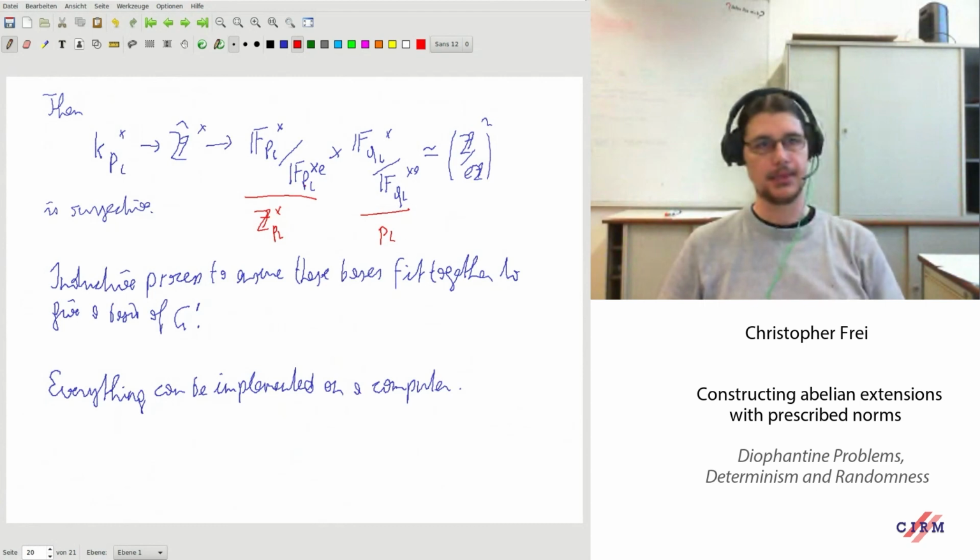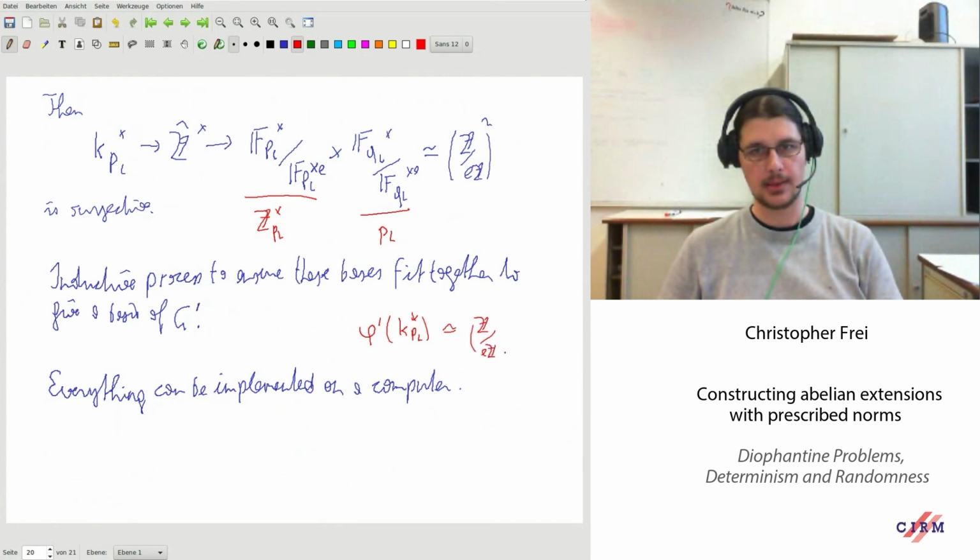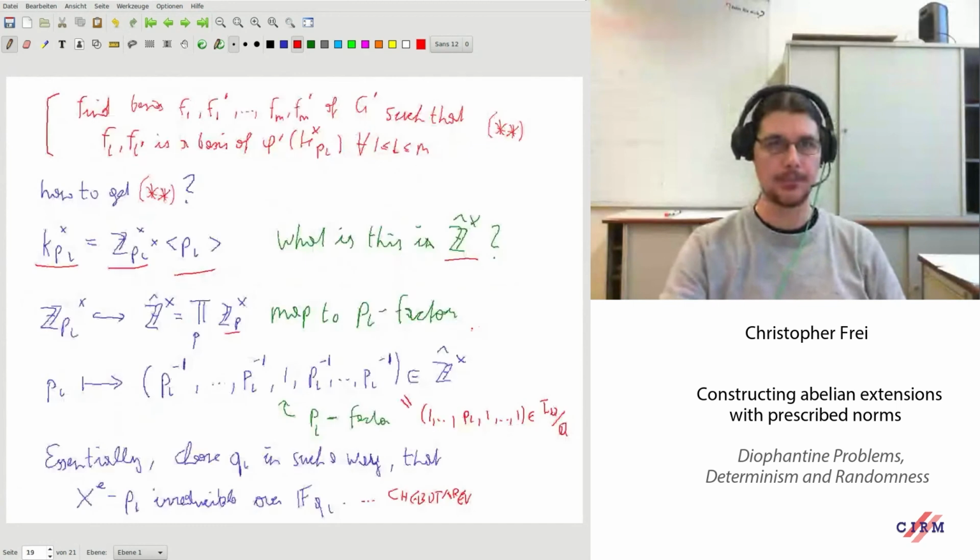Okay, so what I've shown here is that T prime of KPL star is isomorphic to Z mod E Z squared. So it has a basis consisting of two elements, FL and FL prime.